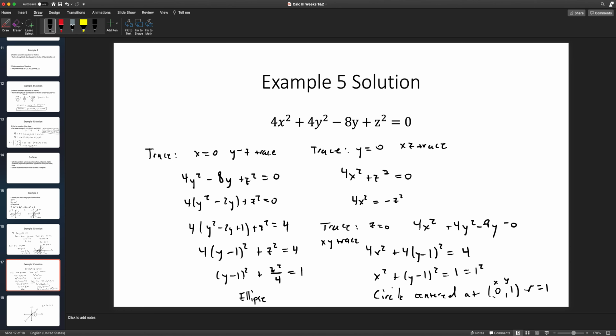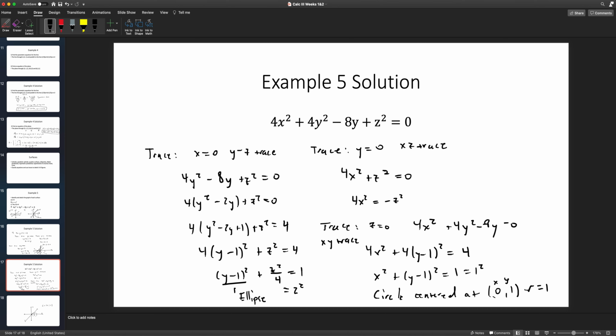So we did the XY trace. On the YZ trace, we have an ellipse. Now here we see that this value B is 2, so it goes up and down 2 units in the Z direction, and left and right 1 unit, because this is 1 under here, and 4 is equal to 2 squared.